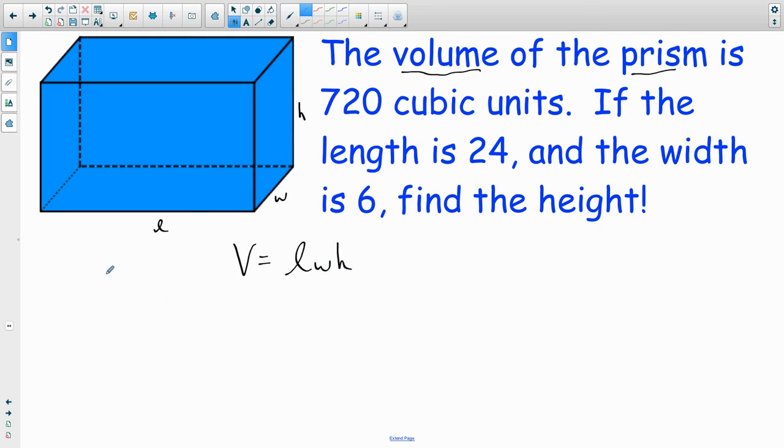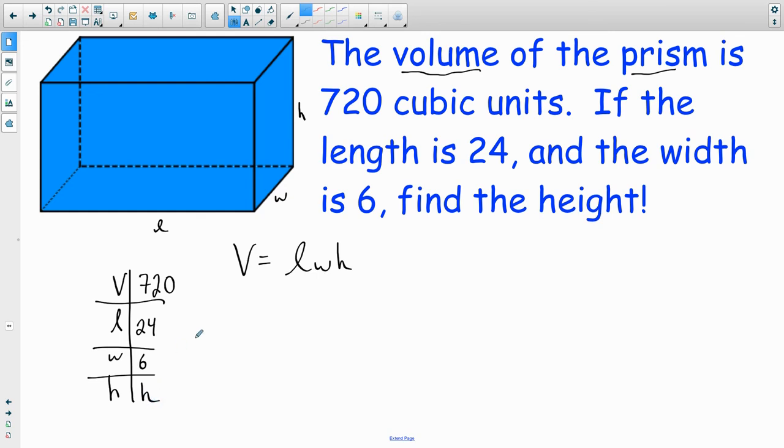So on the side of my paper, I'm going to take all of those dimensions and make a little table and see what's given to me. Well, they're handing me the volume, and they're giving me the length. And they're also giving me the width. And it's the height that they're asking us to find.